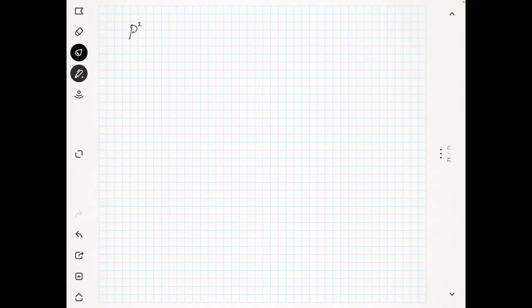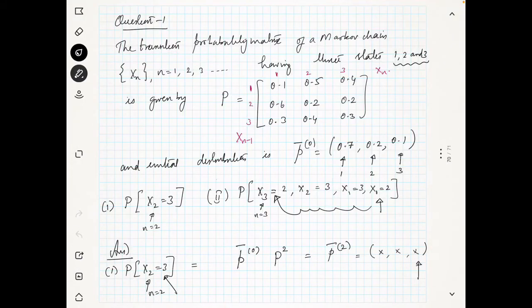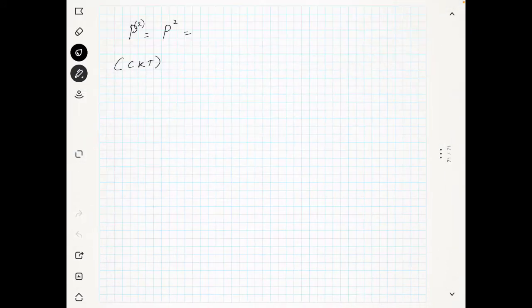P square at the nth time step, by using the Chapman-Kolmogorov theorem, CKT, we will write like this. You can see here P has been given, so you can find P square, and you will be getting this answer: 0.43, 0.31, 0.26.